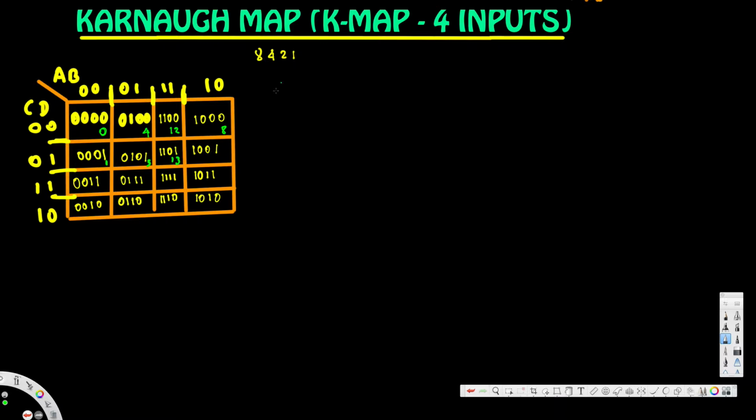1 0 0 1, 8 plus 1, 9, and this one is 0 0 1 1, 2 plus 1, 3, and this one is 0 1 1 1, 4 plus 2 plus 1, 7, 1 1 1 1, 8 plus 4, 12, 12 plus 2, 14, 15, and then 1 0 1 1, 11, 0 0 1 0, 2.